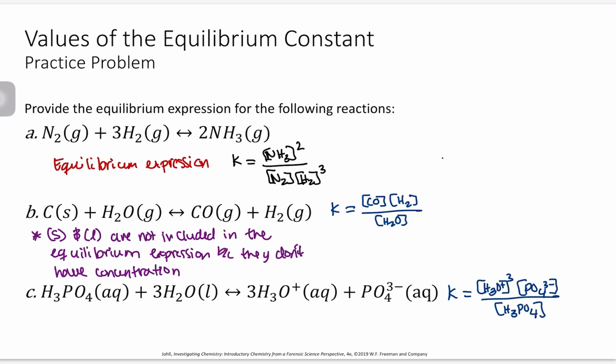Notice I did not include water because in this case it is liquid. In the previous example, I did include H2O, but that's because it was water vapor. In my next example, it is liquid water, which does not have concentration.